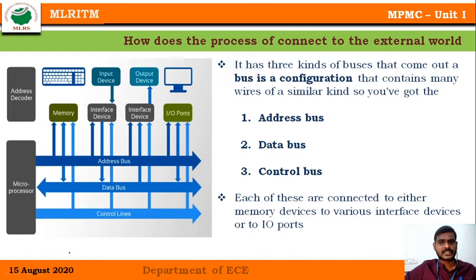Each of these buses is connected either to memory devices, interfacing devices, or IO ports. Why connect to input and output? Because to interact with the processor, these are the requirement. It can interact not only with memory devices, but also with interfacing devices or IO ports.